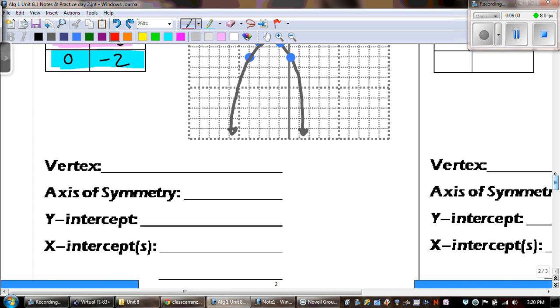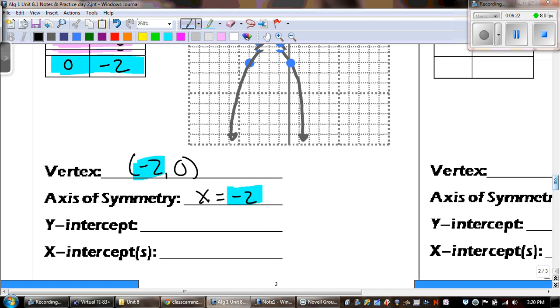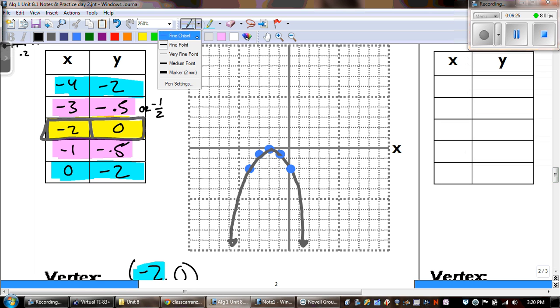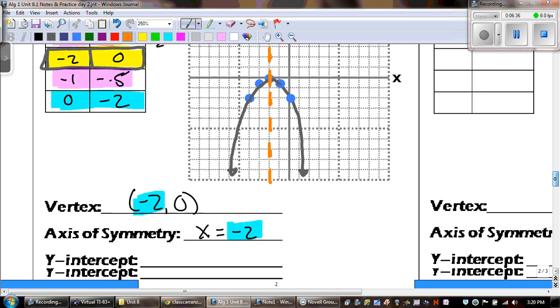Now, remember our vertex is a point, and our vertex was the point negative 2, 0. Our vertex is a point, our axis of symmetry is an equation, and we steal it from our vertex. X equals negative 2, okay? So I'm going to come back and graph my axis of symmetry, which goes through our vertex, just like that, okay?